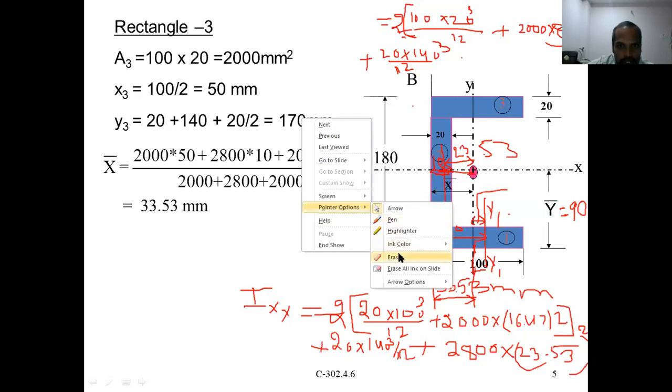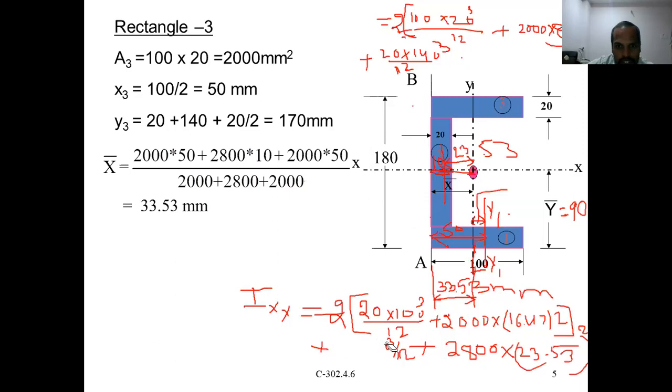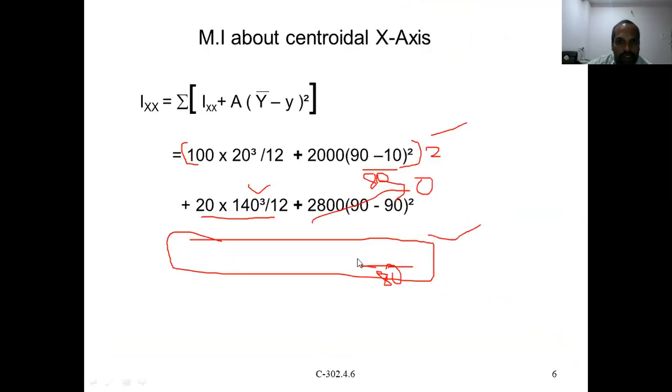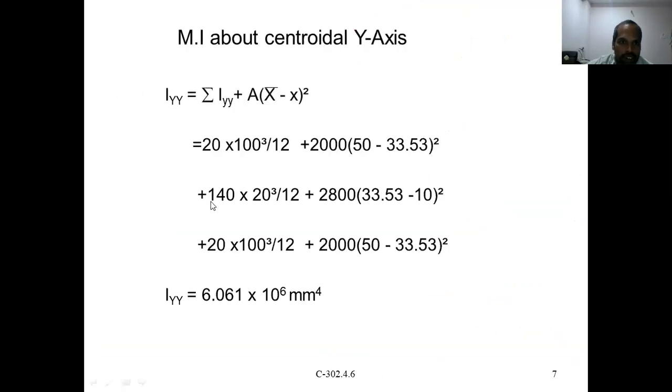Please be careful about this one. I'll write it again. This one is 140 into 20 cube, divided by 12. That's what we have to write: BD cube by 12, that is 140 into 20 cube by 12 plus 2800 into 33.53 minus 10.